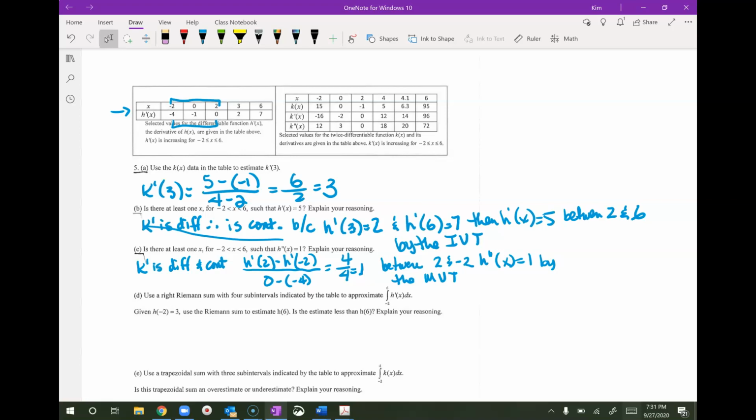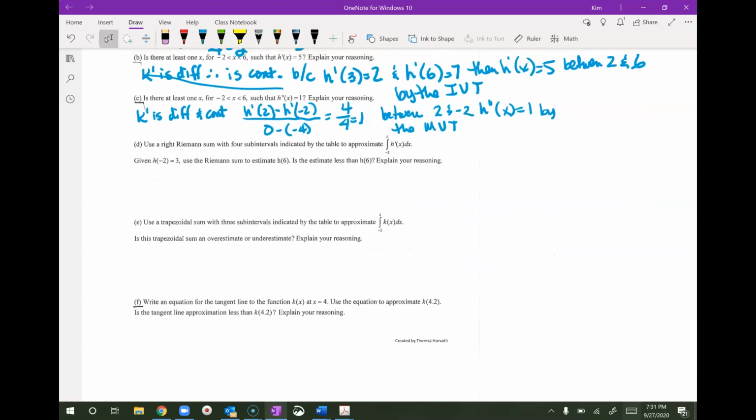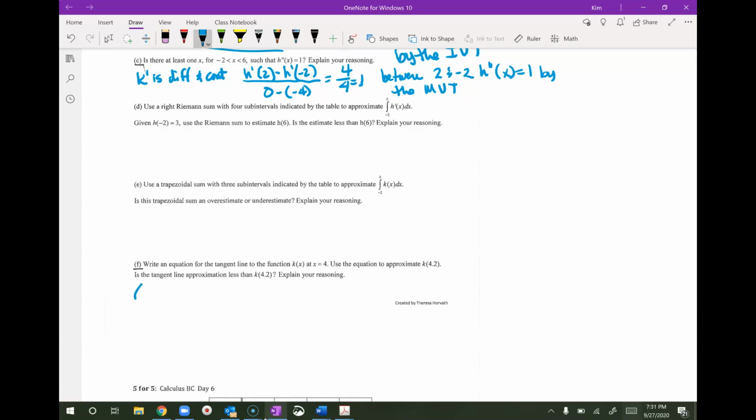K of 4 is 5, and k prime is 12. So our point is (4, 5), and our slope is 12. So y minus 5 equals 12 times x minus 4. y equals 12 times 4.2 minus 4, which is 0.2, plus 5, and that's going to give us 7.4.